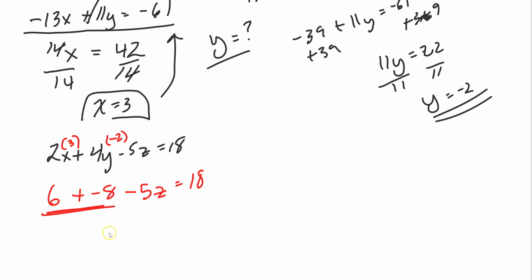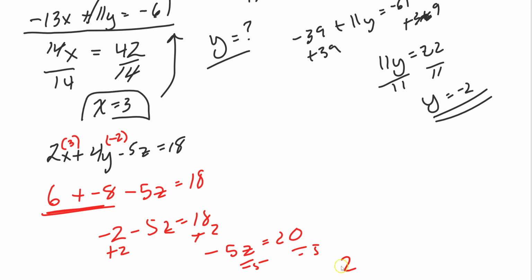These are on the same side, so I just add: -2 minus 5z equals 18. Add the 2. -5z equals 20. Divide by 5. z equals -4. So there's my x, my y, and my z. That's how you solve it. And remember, your answer is a coordinate point.